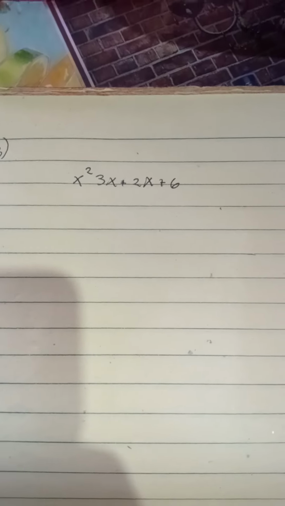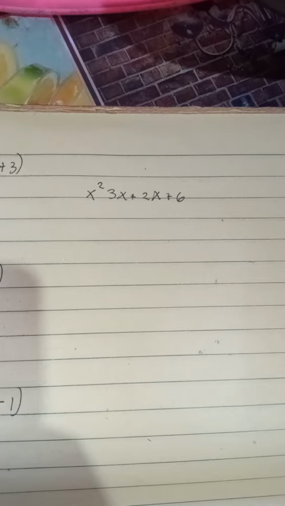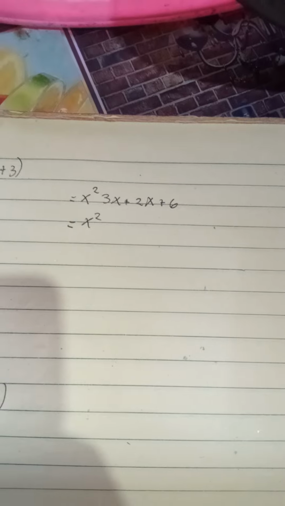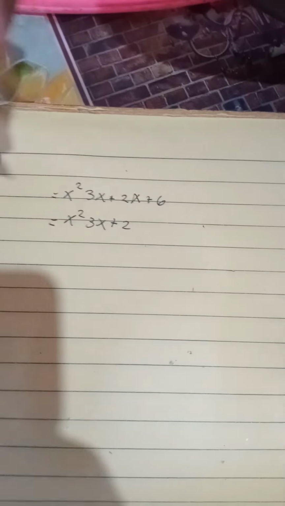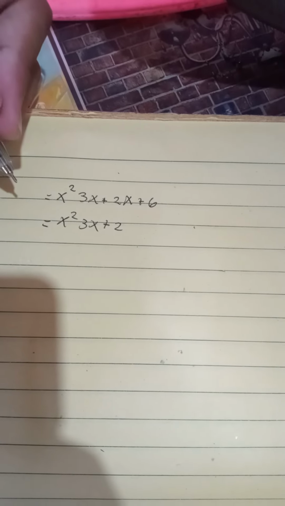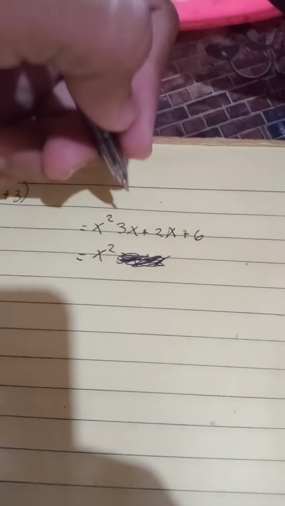Then when you are done multiplying, the next step is to add. So bring down x squared, and then 3x plus 2x, which equals 5x.